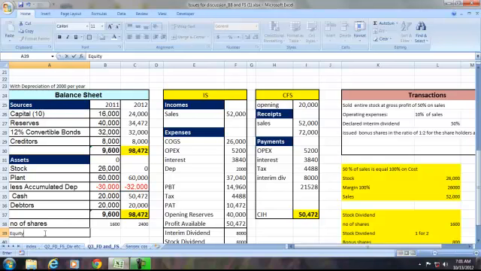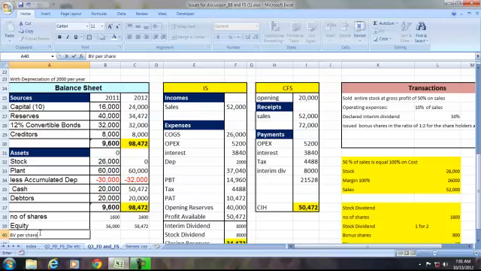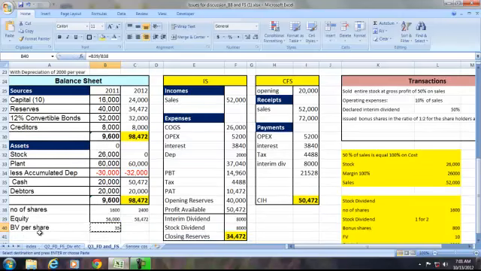Equity at the beginning of the year is capital plus reserves, and the equity at the end of the year is 58,000. So the book value per share is 56,000 divided by 16 and 58,000 divided by 24. So the book value per share has come down.